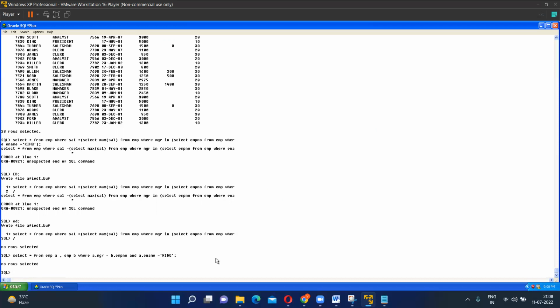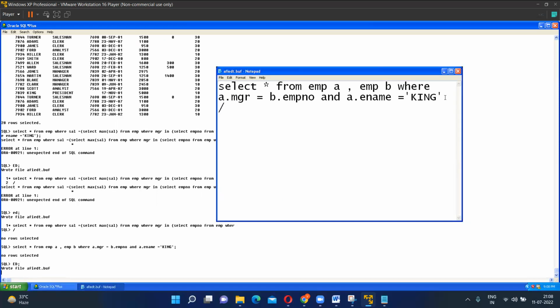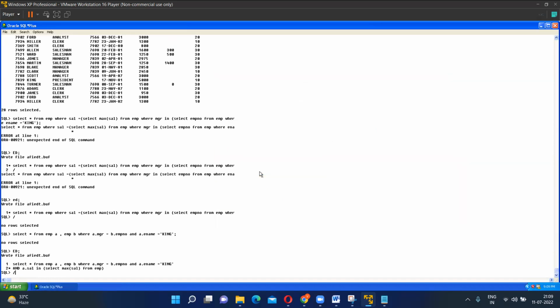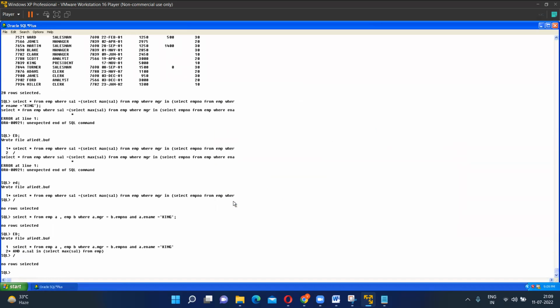So if I wanted it this way, I can write a subquery here: A dot sal in select max of sal from A. Anyways, a query can be written in multiple ways. Whatever way you want, you can write. This is using join. This is using subquery.